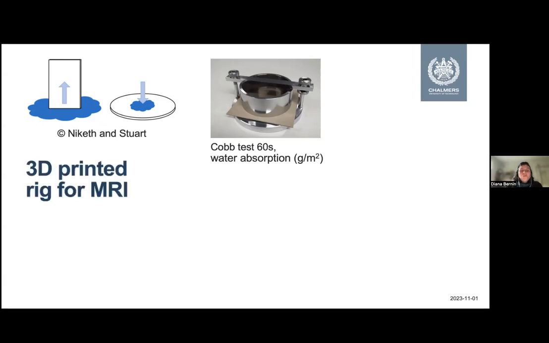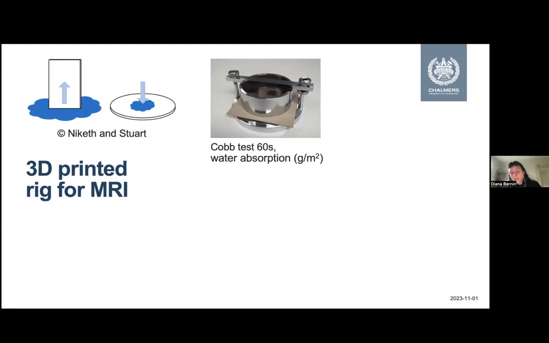So then we started off by thinking, okay, since it's a very thin paper, we will have very little water, and they're also hydrophobic because of their size, these materials, we would like to have as large an area as possible, because then we will get as much signal as possible. And in our MRI that we have, which is dedicated for chemical engineering applications, the maximum size that we can measure is 66 millimeter in diameter, which is quite large.